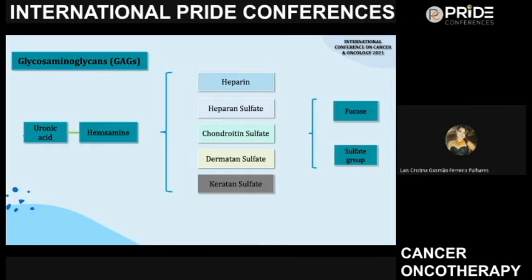also branches. And as you can imagine, if you play around with all those different combinations, you can have quite a big variety, which makes GAGs a very heterogeneous molecule. So they have very diverse structures.